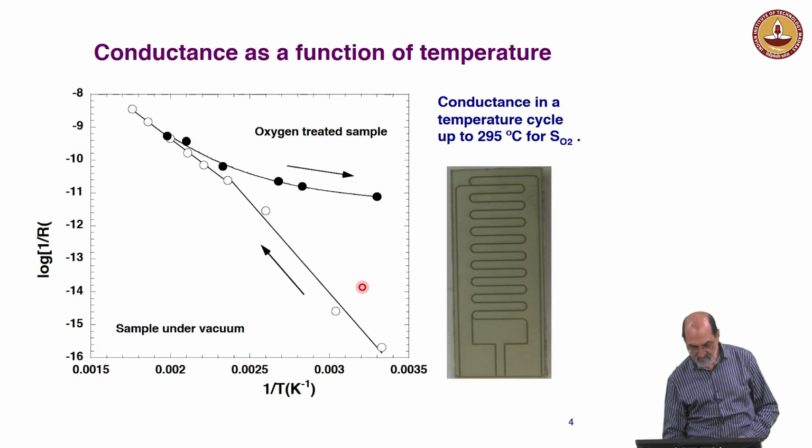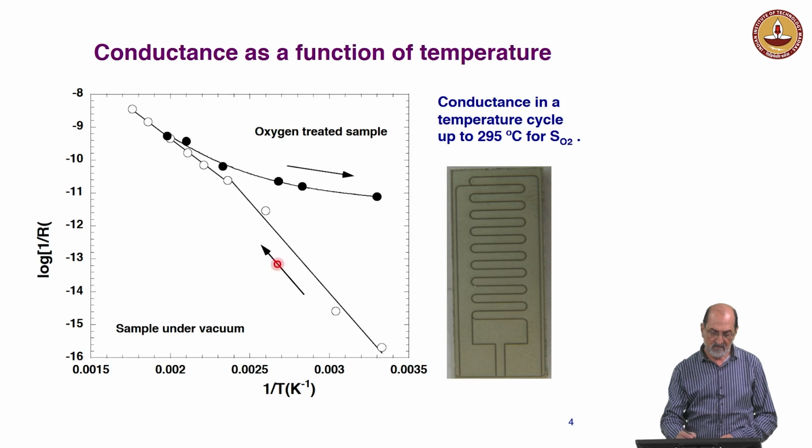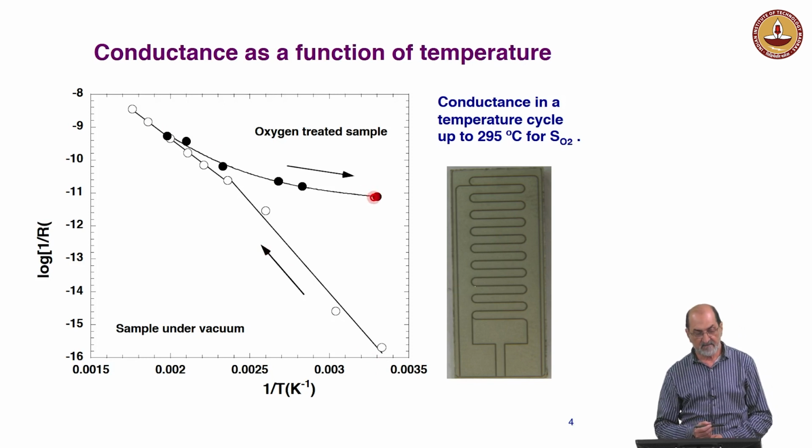Something interesting for the sample prepared under oxygen: if we increase the temperature and then decrease it under vacuum, the sample does not return with the same resistivity. So something happened to the sample. We showed that yesterday.